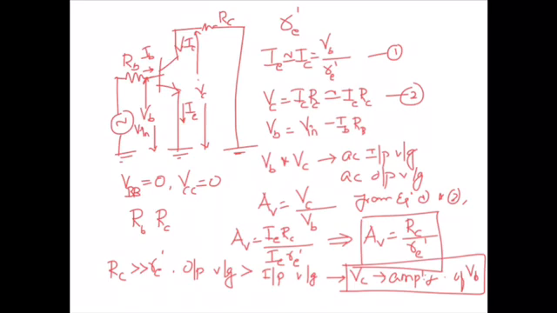Now let us continue our analysis with respect to the current gain. We discussed the voltage gain and came to the conclusion that the input voltage is being amplified. How do I write current gain? It is represented as AI.